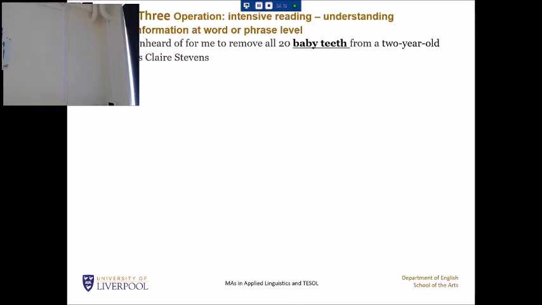For now, can you please not look at my handouts? Don't look, just look at the board. So cover up activity 2 on there. So, it's not unheard of for me to remove all 20 baby teeth. Can anyone paraphrase that sentence in another way?